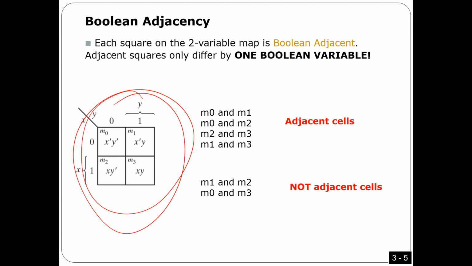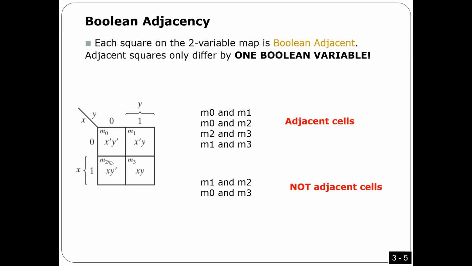In the simplification, I'm going to combine neighbors together to get only one term instead of three terms or four terms or two terms, as you will see right now. So you can only group neighbors. What do you mean by a neighbor? Two squares are neighbors if they have a difference in only one variable.